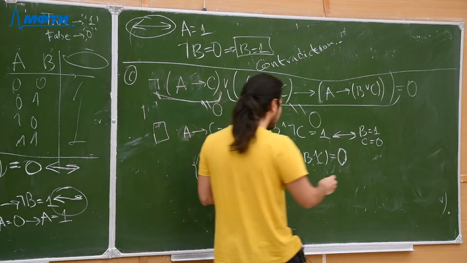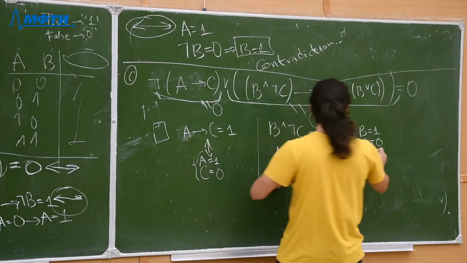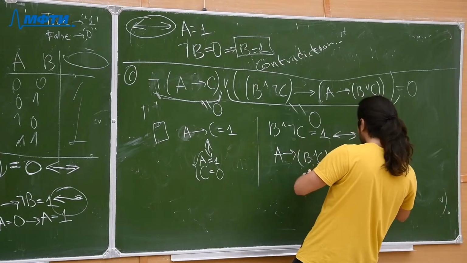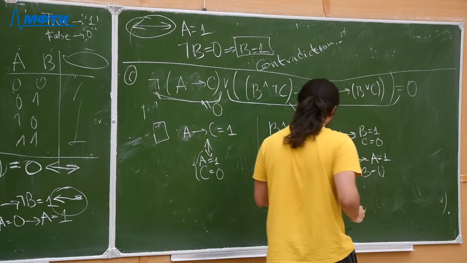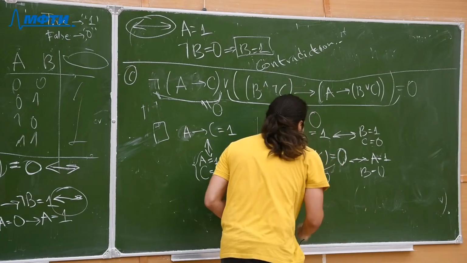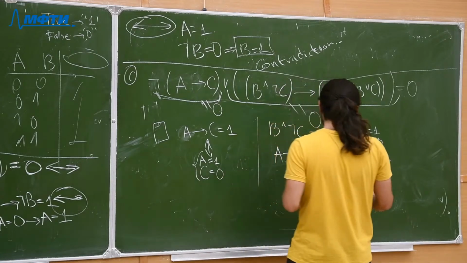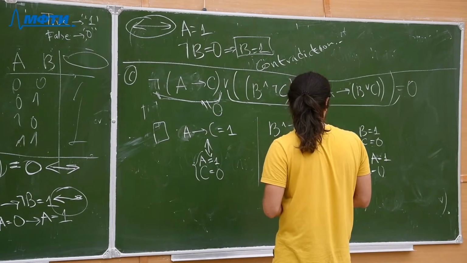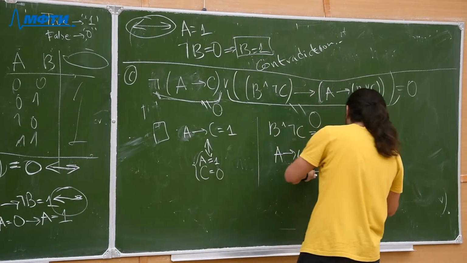Okay, and this if and only if A is 1 and B is and C. So this should be equal 0, right? This is 0 if this is 0 and 0. Well, not only 0 and 0. Yes, just yeah.